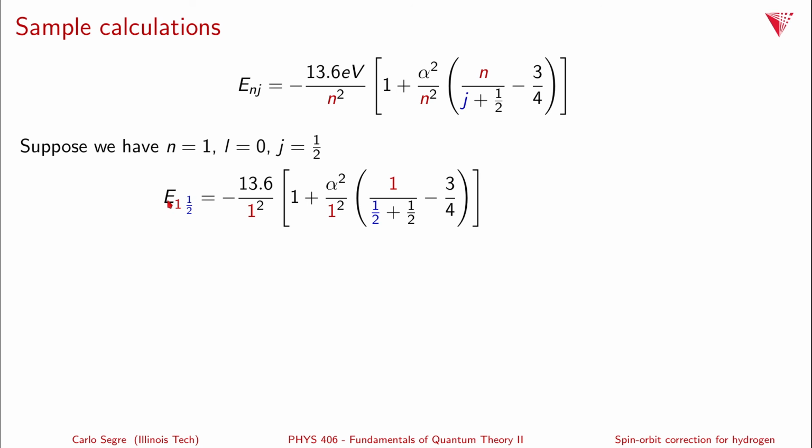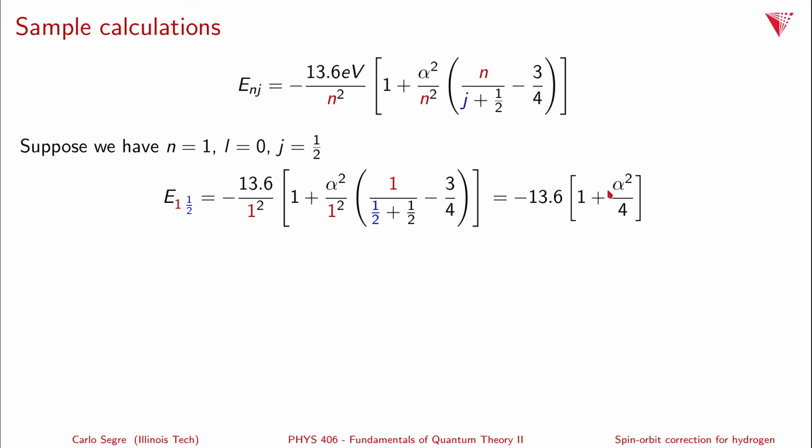So I get E of n and J is equal to minus 13.6 divided by 1 squared times 1 plus alpha squared over 1 times the quantity 1 over 1/2 plus 1/2 minus 3/4. So this is 1 minus 3/4. When you put this all together, you get minus 13.6 electron volts times 1 plus alpha squared over 4.